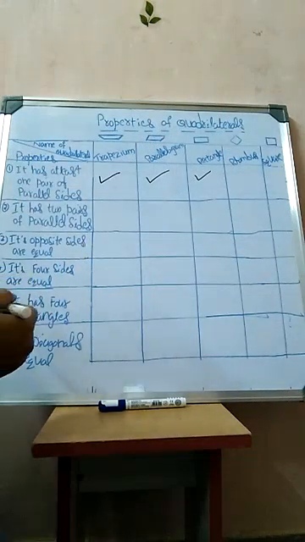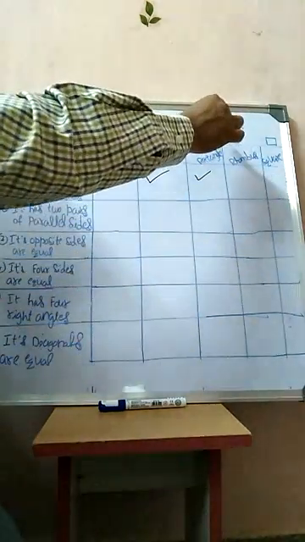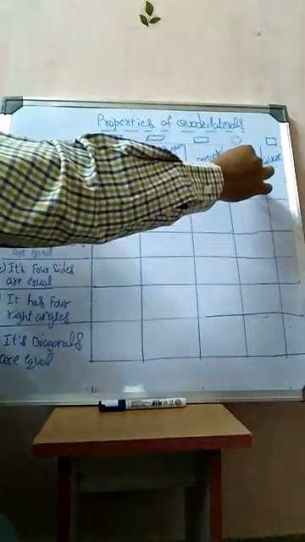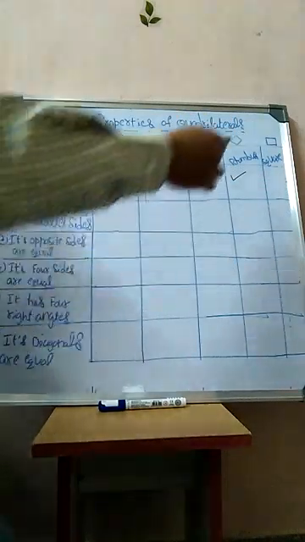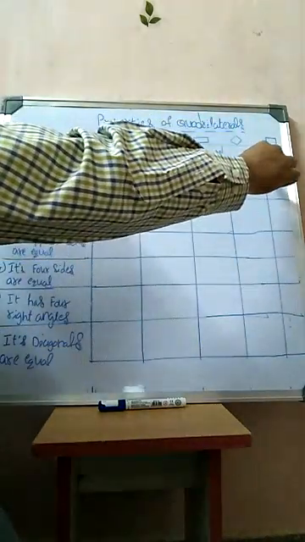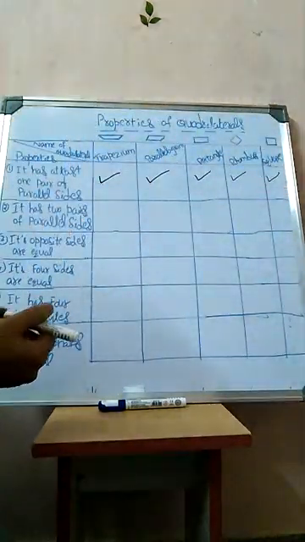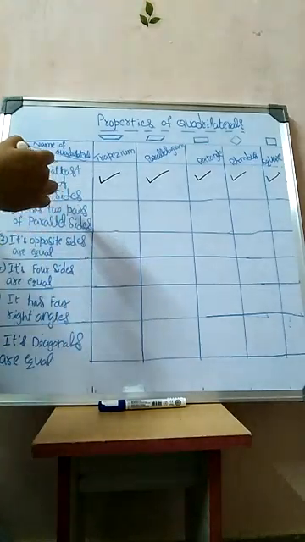Put a tick. Next, rhombus. Same like that. Rhombus also has not only one pair, two pairs. That's why rhombus also satisfies. And square also has at least one pair. So well and good. One pair and one more pair also it has. So clearly the first property satisfies all quadrilaterals.